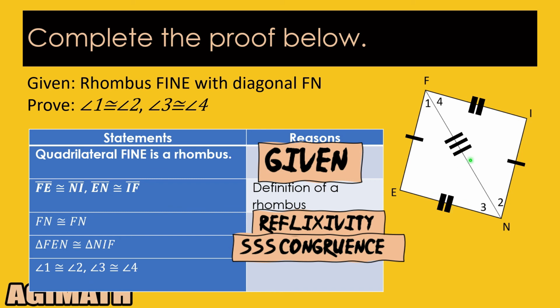And then after that, since the two triangles are already proven to be congruent, we can use the CPCTC to say that the corresponding parts are congruent. So angle 1 and angle 2. So it's very important that we know the correct correspondence. Angle 3 is also congruent to angle 4, and that is because of CPCTC. And that's all. Thank you for watching.